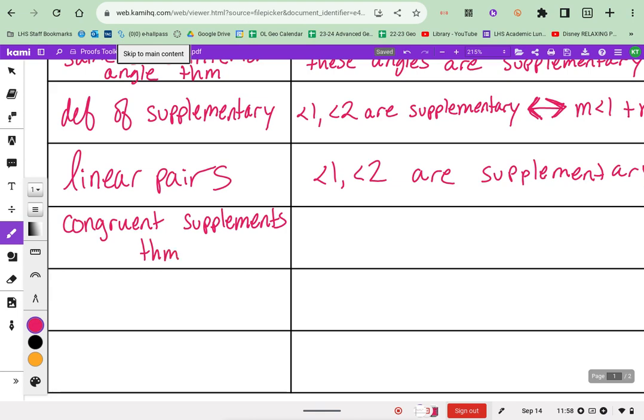Okay, so I'm going to write down a meaning, and then I'll give you an example that will make it all make sense, okay?